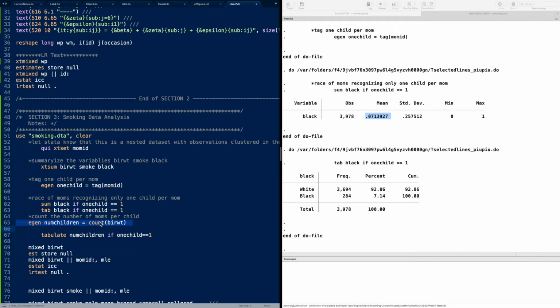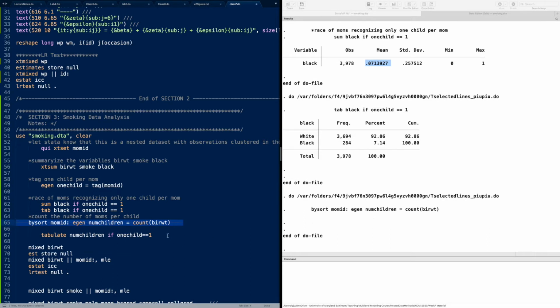I think I need to do this. I think I need to do it by sort mom ID to get that. And then I just tabulate the number of children.